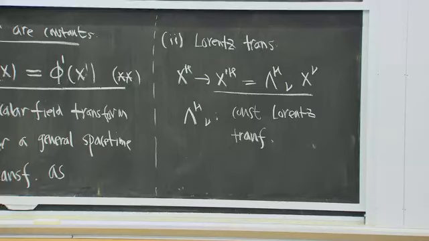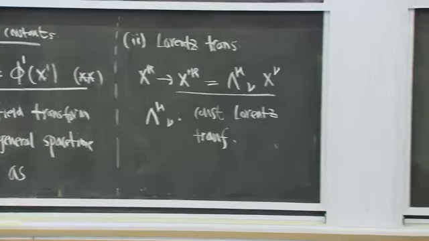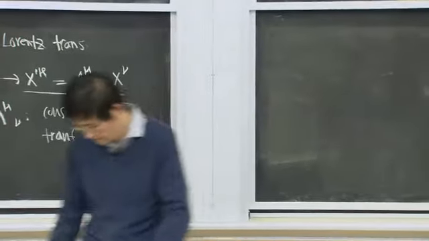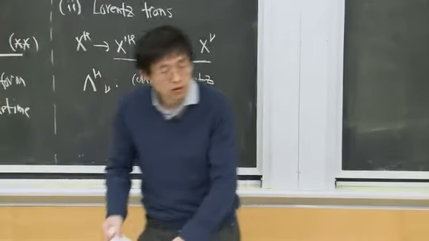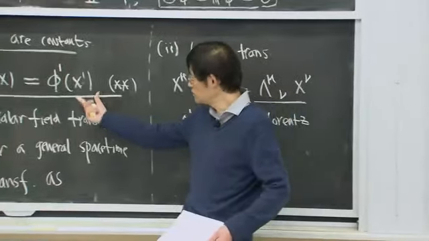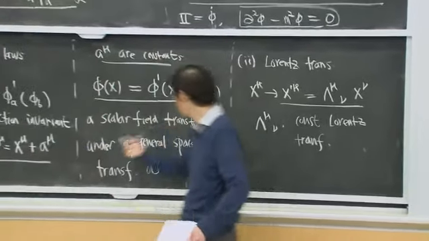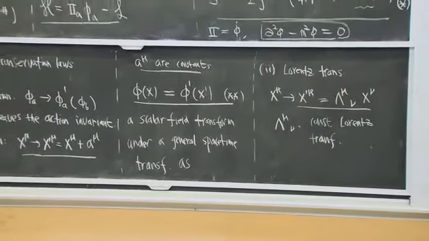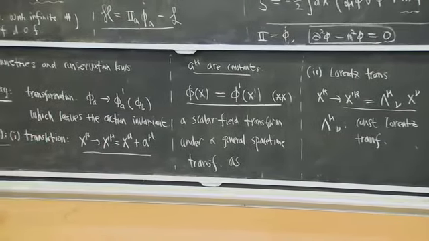Any questions on this? Good. So examples like this, for translation and for Lorentz transformation, are what we call continuous symmetries.